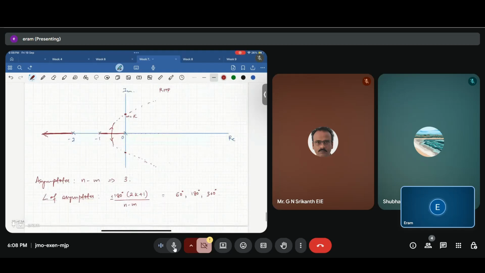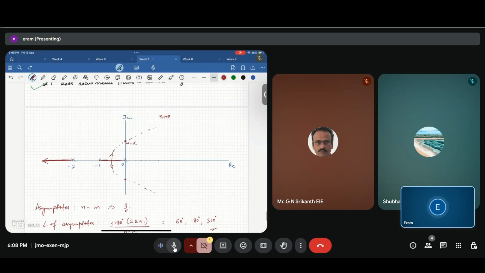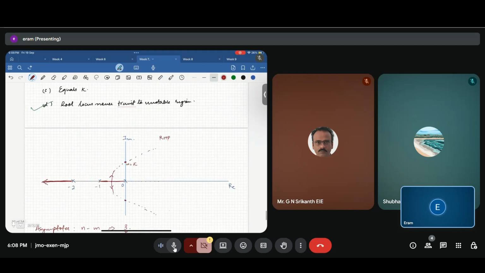So the number of asymptotes was 3, and the angles of asymptotes were this. And it correctly shows that there is a gain k where the root locus will transit to the right half plane. Okay, so that will make the system unstable.